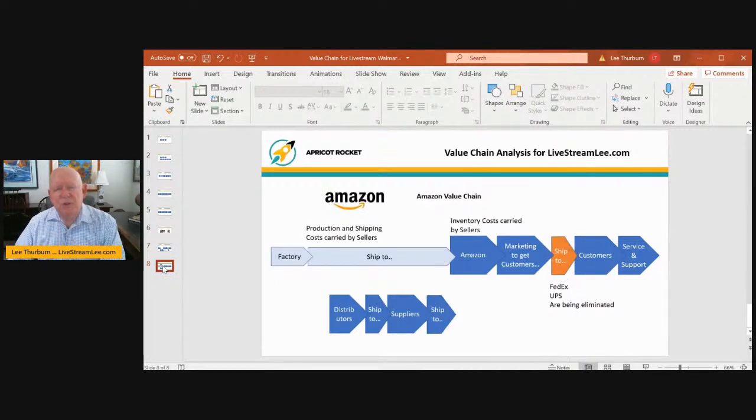But Amazon's done something different from Walmart. About 80% of Amazon goods actually come from relatively small businesses, and they use the Fulfillment by Amazon methodology. And basically, Amazon is a huge inventory management and logistics system.